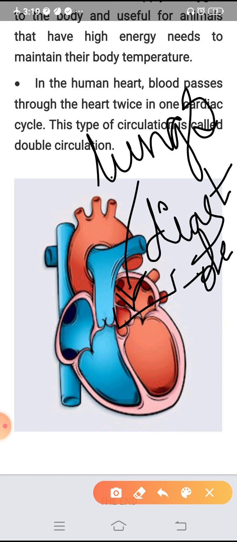Now once sufficient blood is received by the auricles, what happens? Both the right auricle and the left auricle receive the blood.